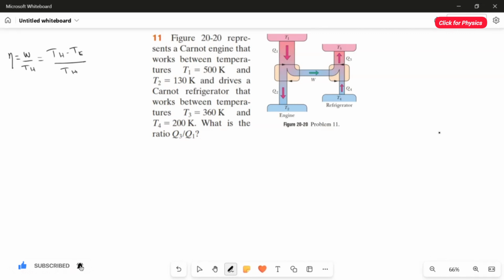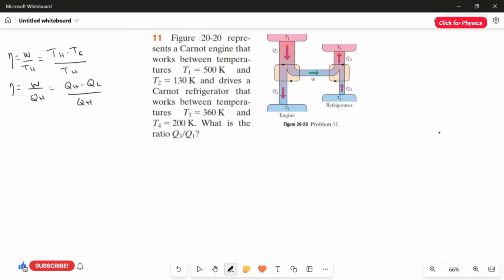And if you want to write the same rule in terms of energy, we can write eta, efficiency, which is equal to W over QH, which is equal to QH minus QC over QH.